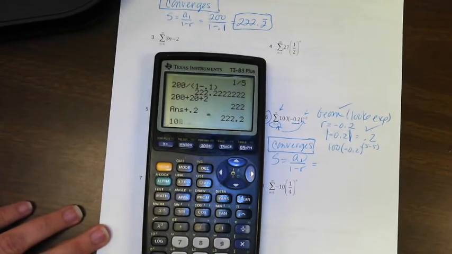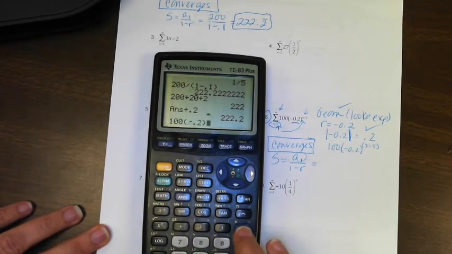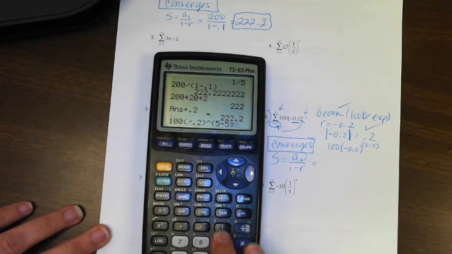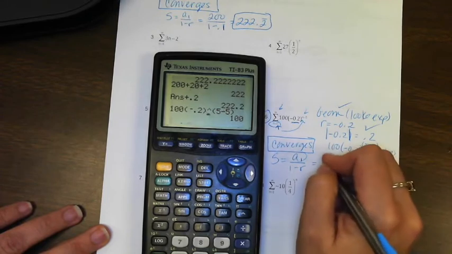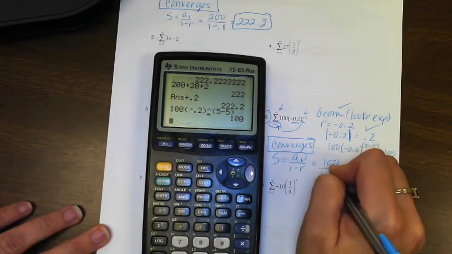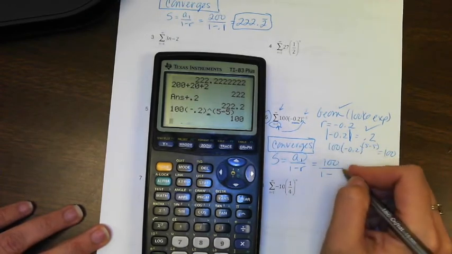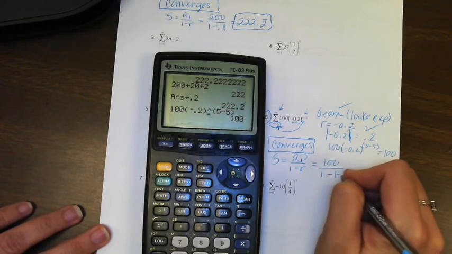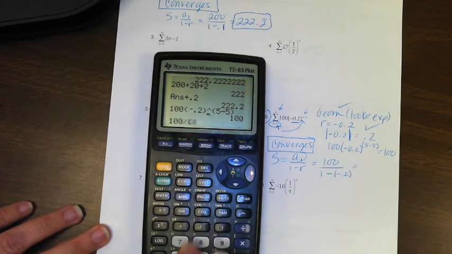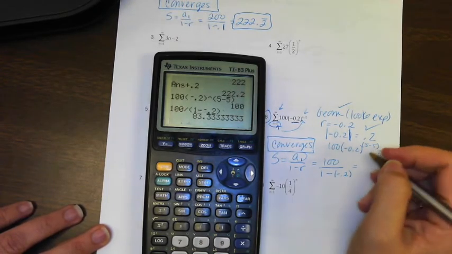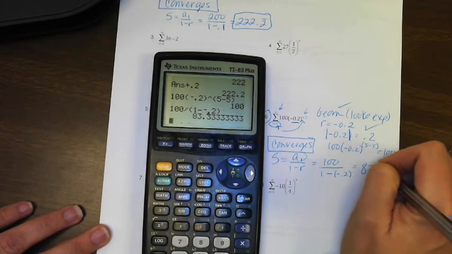If you don't know that answer, you type it in your calculator using parentheses around that exponent or just putting in a 0, and it turns out to just be 100. And the denominator is 1 minus negative 0.2 because r is negative, like that. And that's the sum, the infinite sum.